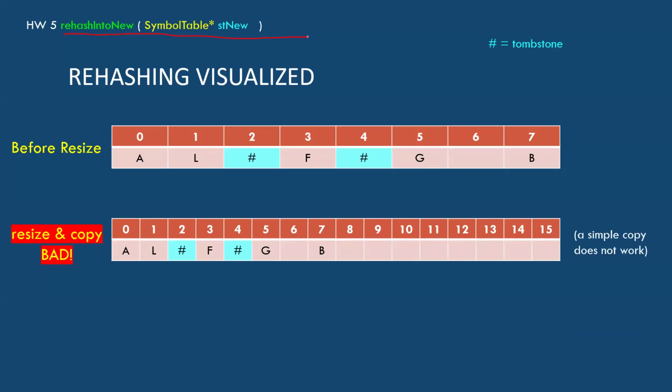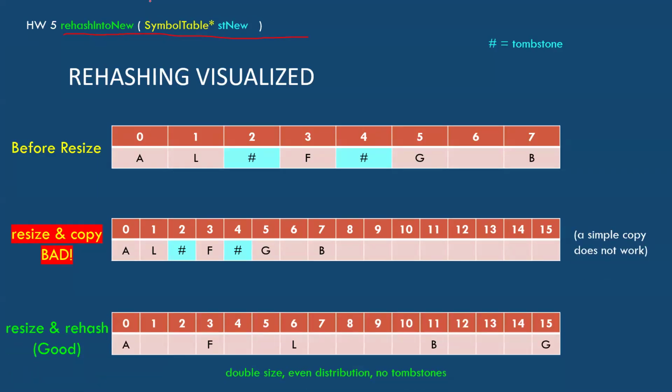So you basically have to go one by one through all of the keys in your current table and then rehash them into their new locations, along with their values. You'll see some documentation on that in your homework 5 on Canvas, and also I think in the starter code that you have.